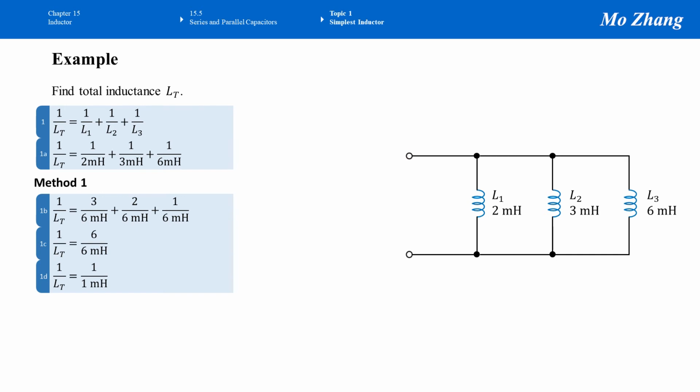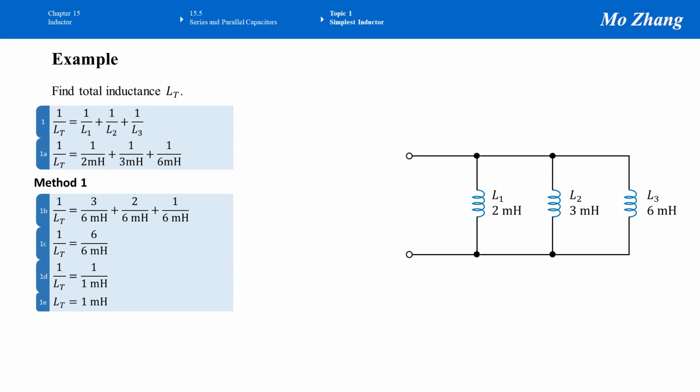At step 1D, we get 1 over Lt equals 1 over 1 millihenry. So we flip both sides of the equation, which means we take the reciprocal of both sides. Lt equals 1 millihenry. Total inductance of this system is 1 millihenry.